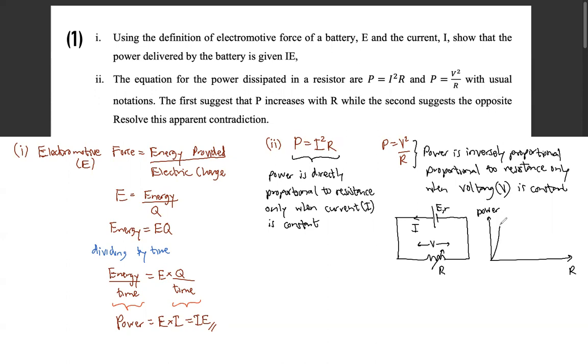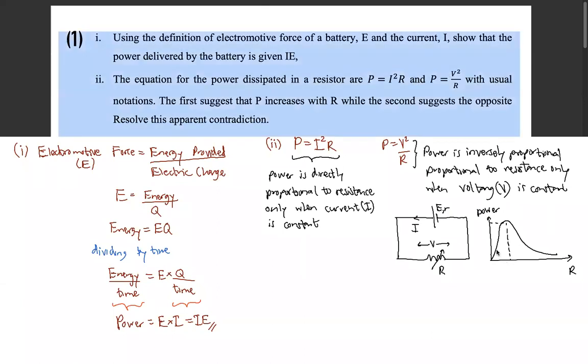It increases and then reduces like this. When is the power dissipation maximum, people? When this capital R becomes equal to simple R.